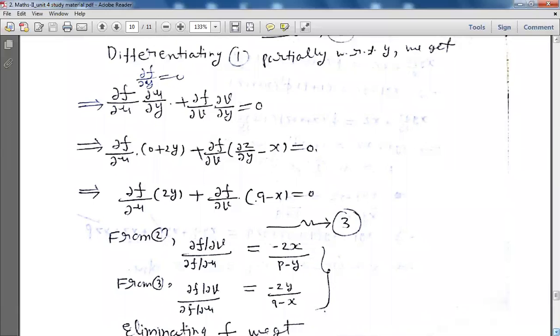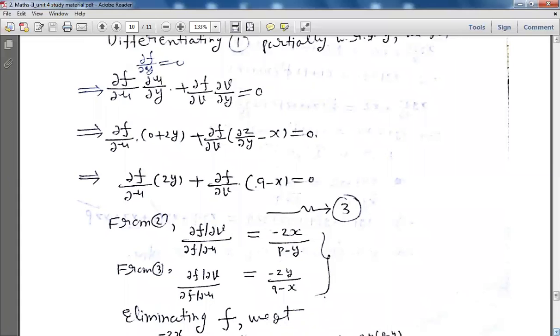From equation 2, we can write ∂f/∂v upon ∂f/∂u equal to −2x upon −y, and from equation 3, we can write ∂f/∂v upon ∂f/∂u equal to −2y upon −x.